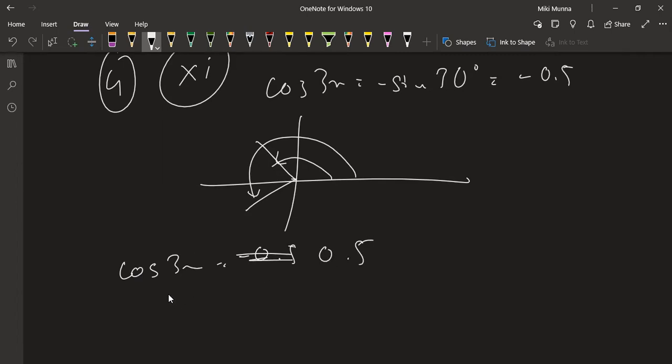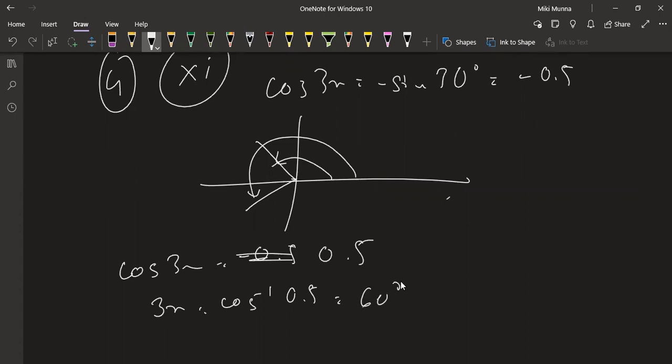3x means we should be dividing each of the terms by 3 later on. So cos inverse 0.5 means 60, or let's see, it is 1.047, so it is actually 60.